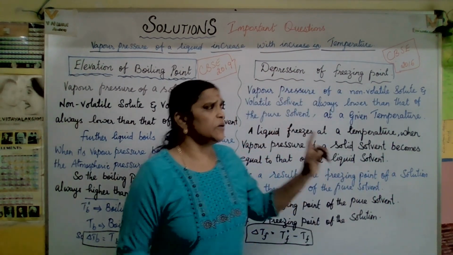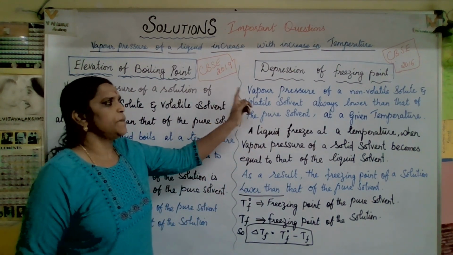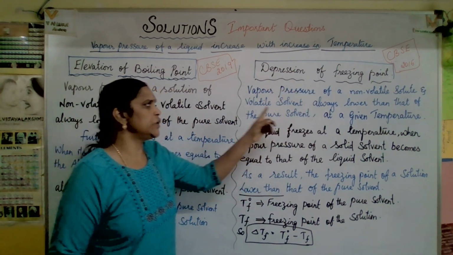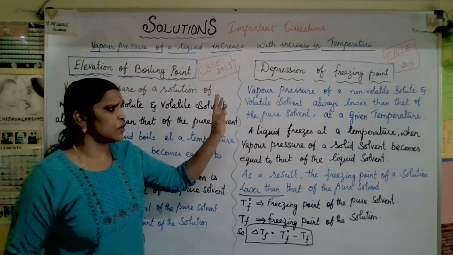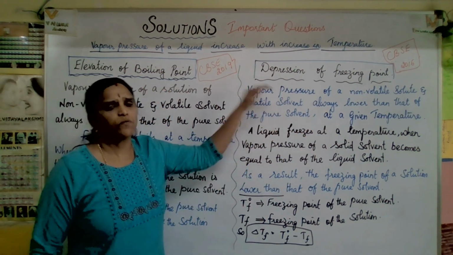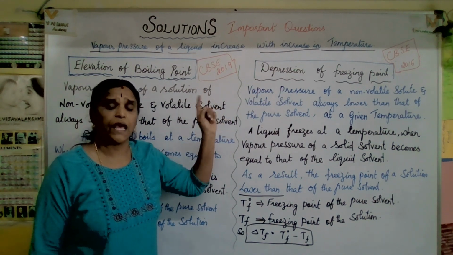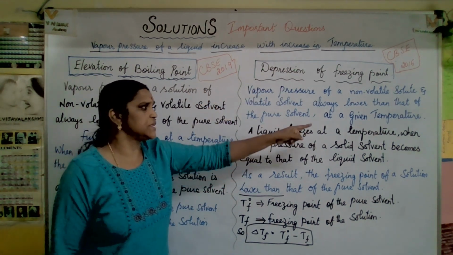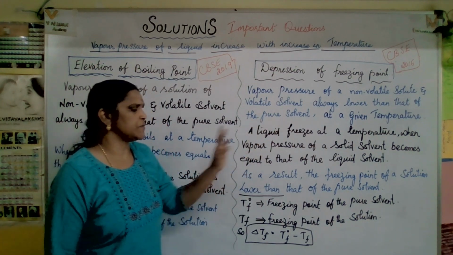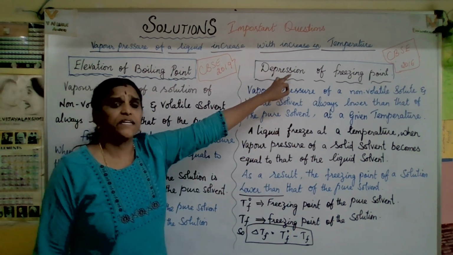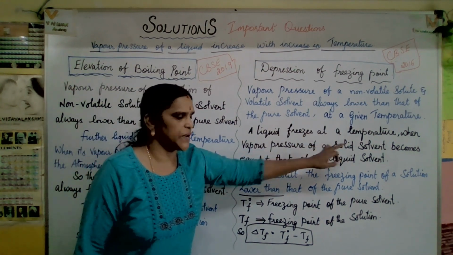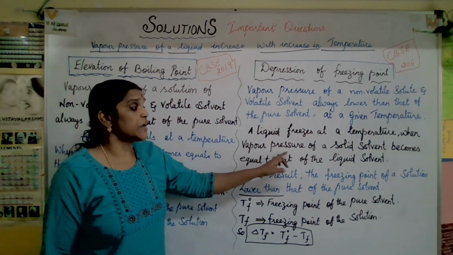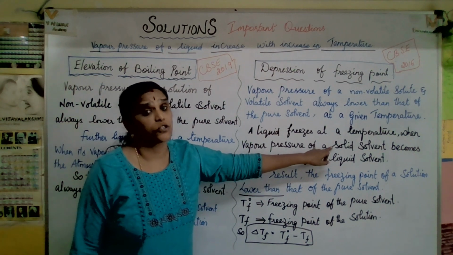Whereas in depression of freezing point, the vapor pressure of a non-volatile solute and a volatile solvent is always lower than that of the pure solvent. Both are the same in that respect. Where it varies is at a given temperature. Here it is the freezing point. A liquid freezes at a temperature when the vapor pressure of the solid solvent becomes equal to that of the liquid solvent.